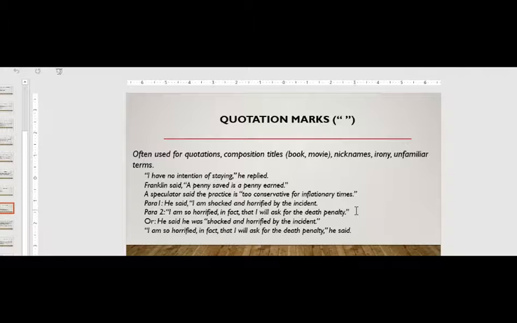The answer is no, you don't need one there. That's the only place you drop it out. You still have quotation marks at the start of each paragraph, but the one place you can drop it out is at the end of that first paragraph if it's directly going into a continuation of the quote.